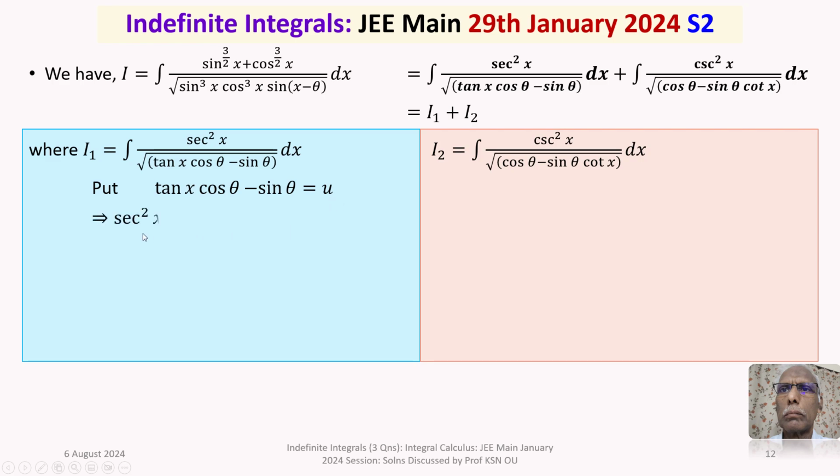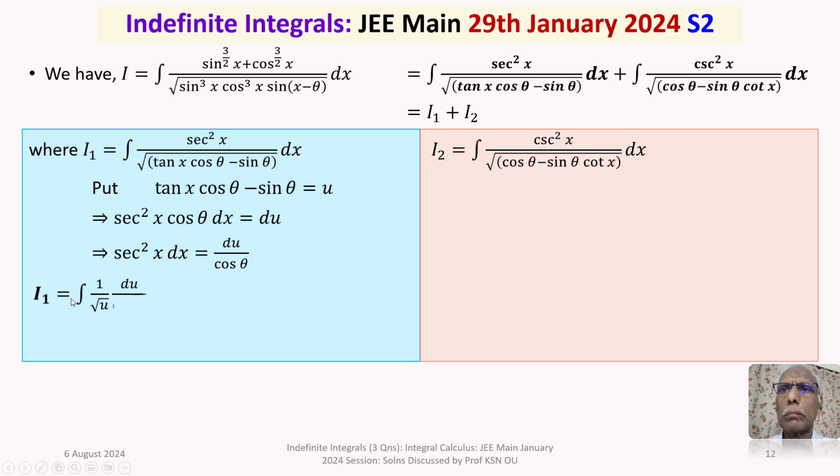Differentiate. You will get secant square x cos theta, because cos theta is a constant here and x is the variable, equal to du. And what we want, secant square x dx, will be du by cos theta. Go back and substitute in I1.